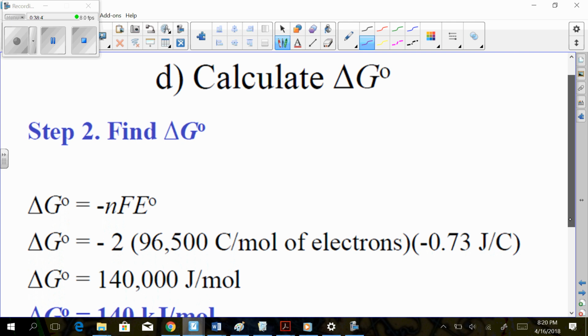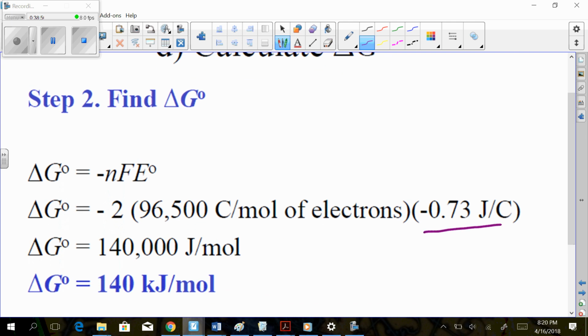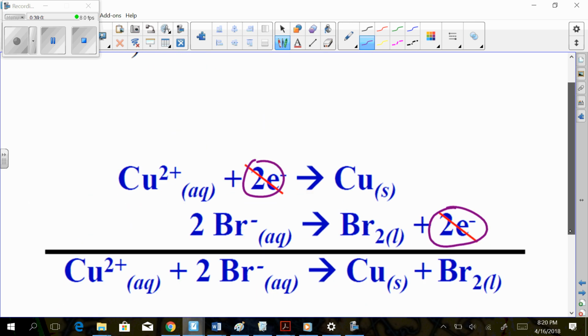To find delta G, we take the delta E that we just calculated, and we have Faraday's constant for F. Now this 2 comes from the 2 electrons. Go back to that balancing of the equation.